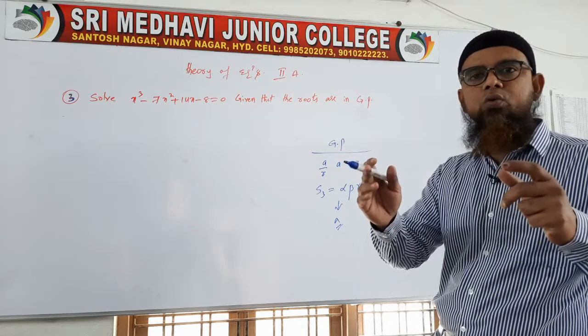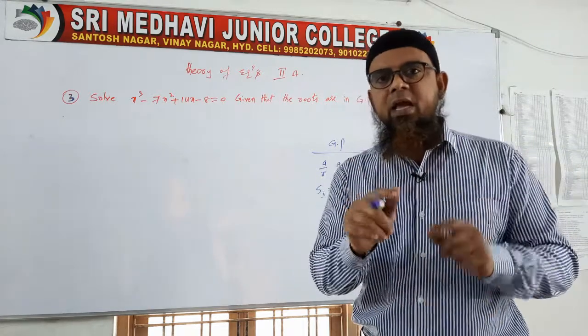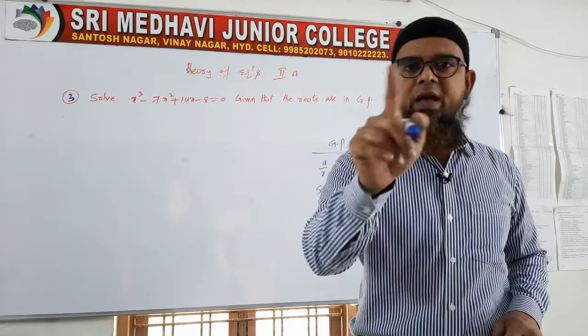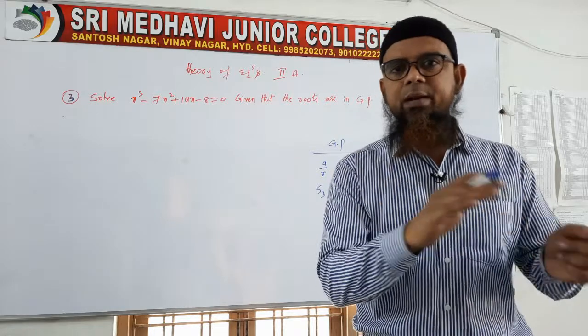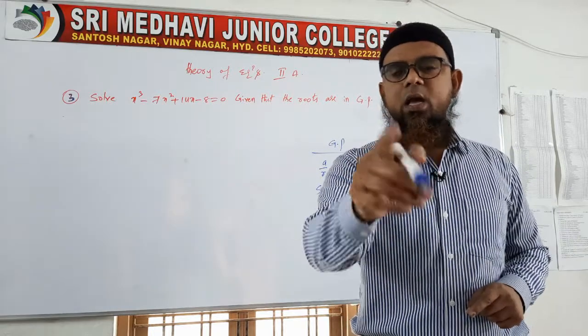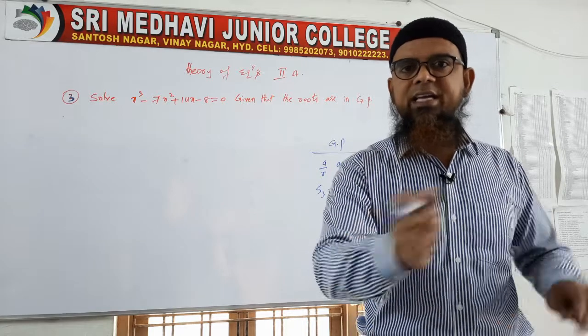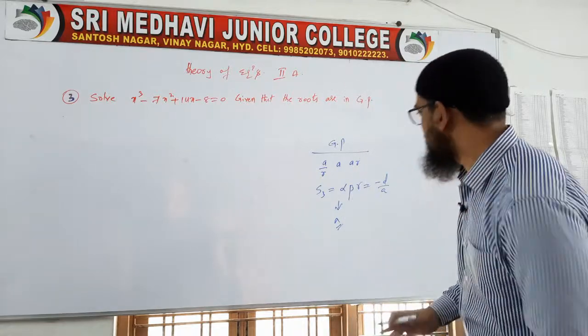So what we have to keep in mind is, whenever the problem is given in AP, we apply S1. Whenever the problem is given in GP, we apply S3. AP means S1, GP means S3. In both cases, you get a. Using that a, you do the synthetic division, then you get a quadratic equation, split it into factors. Got it? Now see on the board how to do the problem.